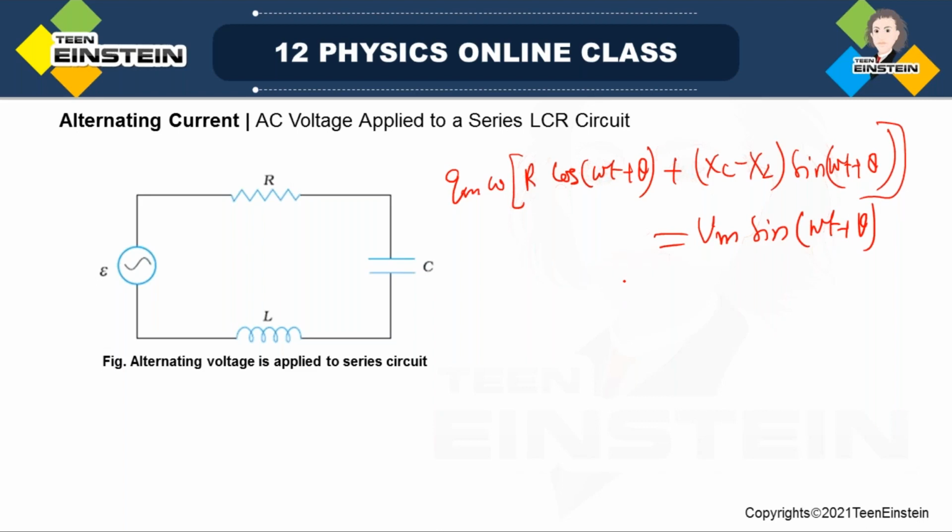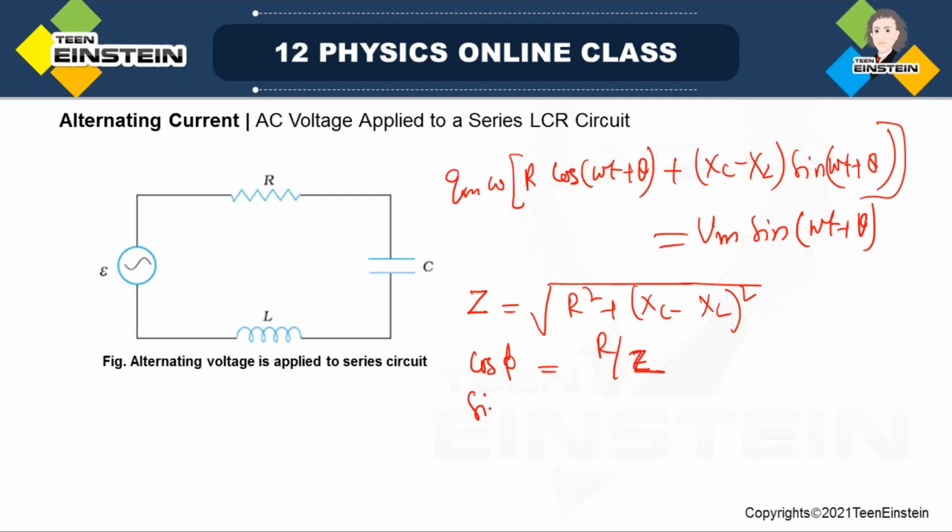Now look, we'll do a little bit of simplification. We have Z equal to the square root of R square plus XC minus XL squared, and cos phi we know is R by Z. And sine phi we have got as XC minus XL by Z. This is what we have learned in the previous section.